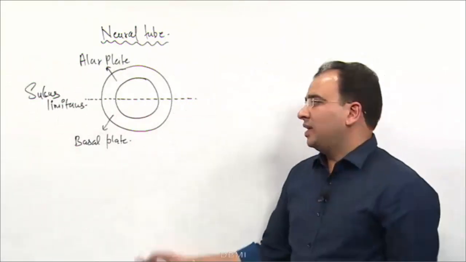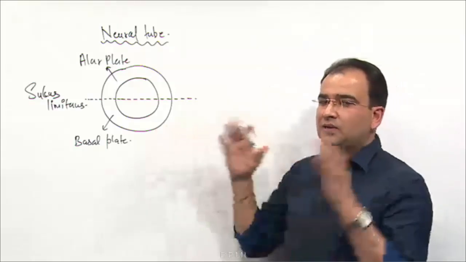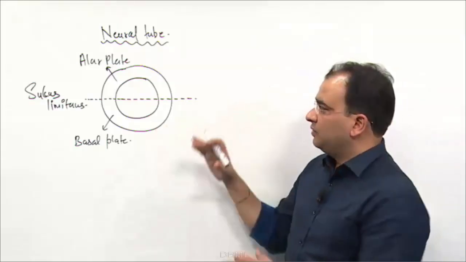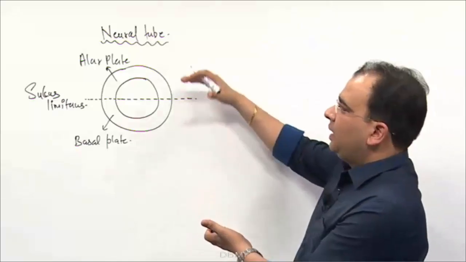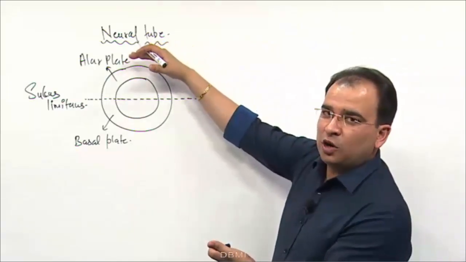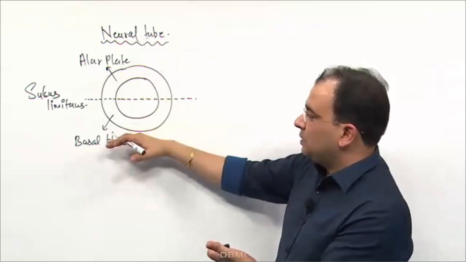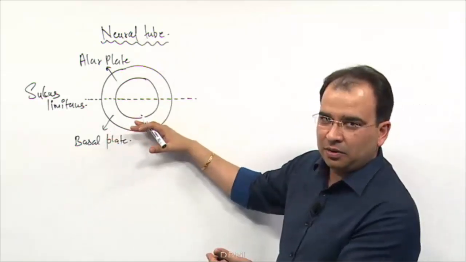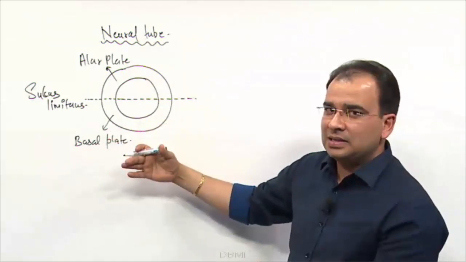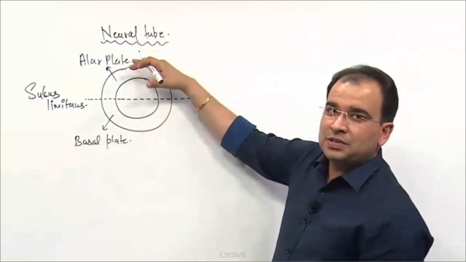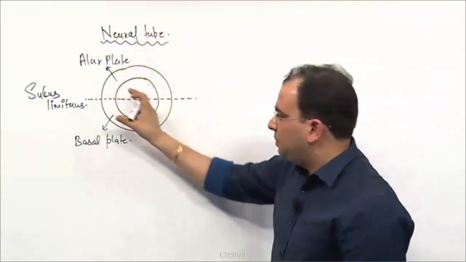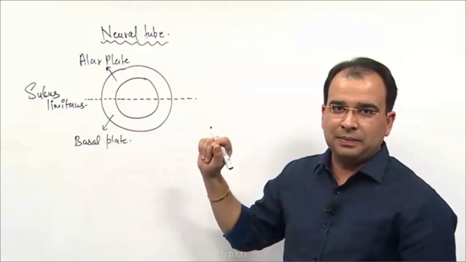Now imagine you are looking at a spinal cord. This is the neural tube only, but just think about the spinal cord for a second. Alar plate represents the dorsal horn of the spinal cord, and basal plate represents the ventral horn. In other words, alar plate represents the sensory part and basal plate represents the motor part.